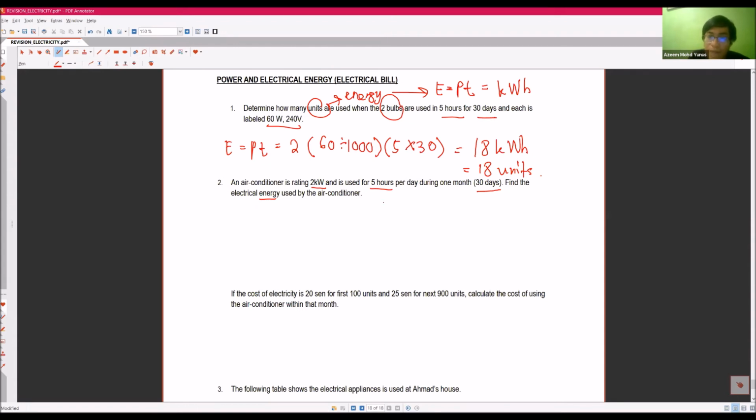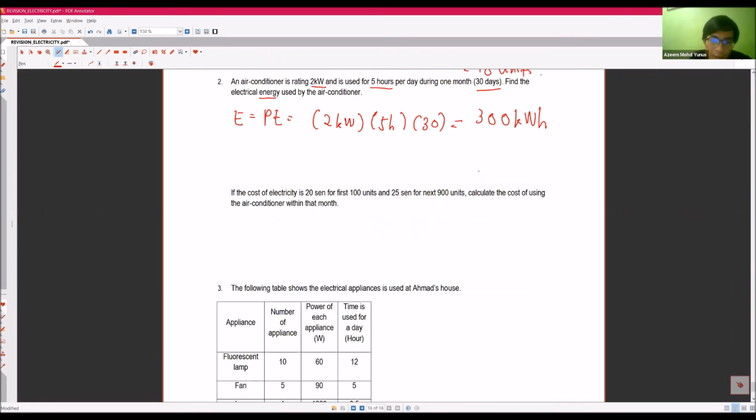That means we have to find the electrical units in terms of kilowatt hour. So E equal to Pt, 5 hours for 30 days. Times that with 30, we got 300 kilowatt hours.